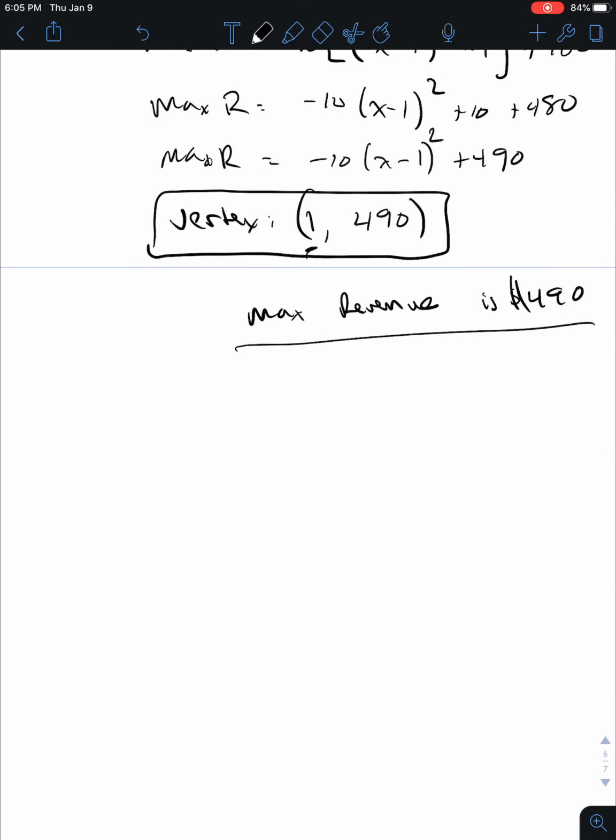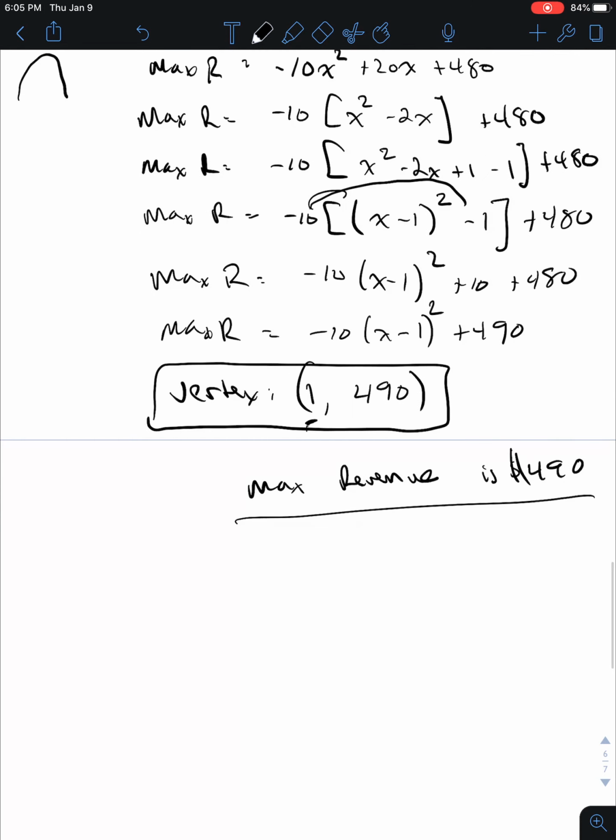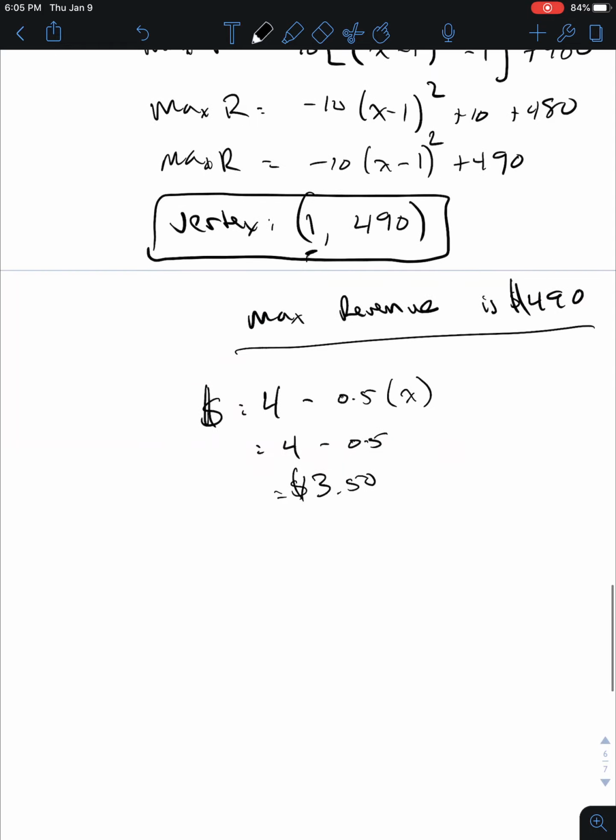Once, right? So that means that I went $4 minus 0.5 times x, but x was equal to 1. So that means now I can write a full therefore statement.